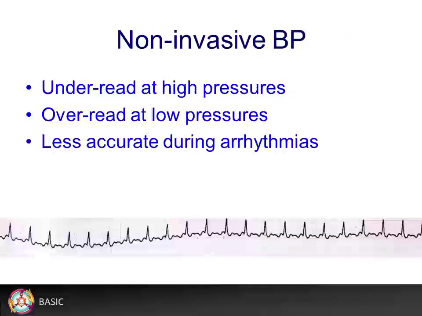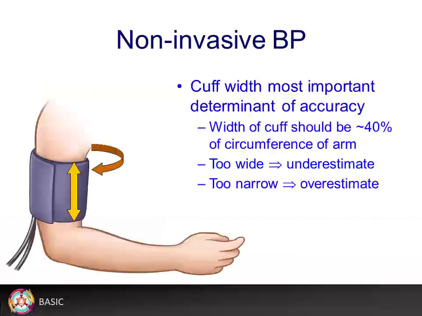Non-invasive devices tend to underread at high pressures and overread at low pressures. They also tend to be less accurate during arrhythmias and provide only interval rather than continuous monitoring. They are therefore less suitable for hemodynamically unstable patients.